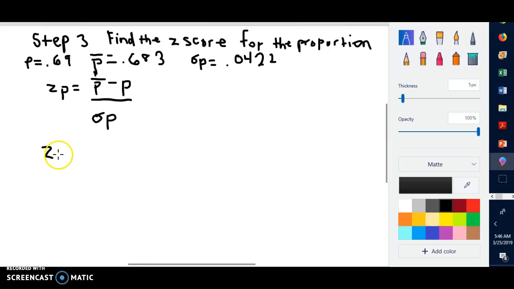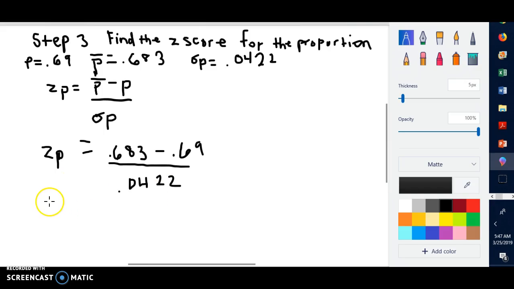Now we have everything we need to get the z-score. So plug in for p hat, that's my short name for it, 0.683, minus p, which is 0.69, over the standard error of the proportion, which is 0.0422.